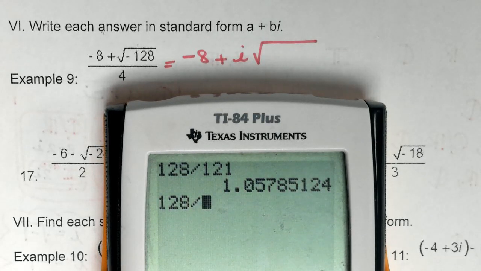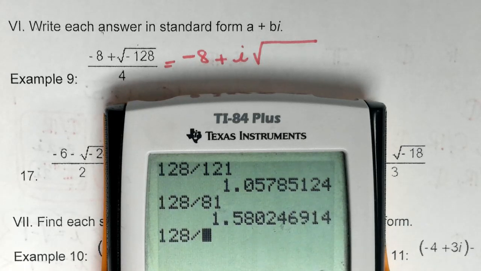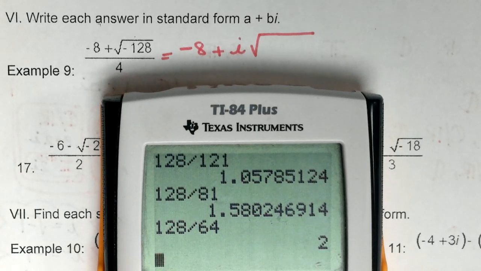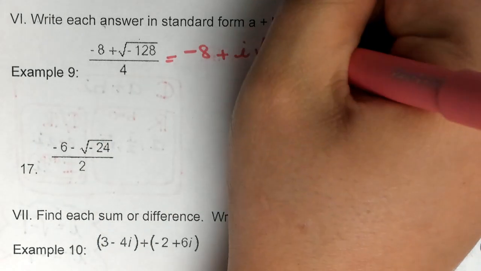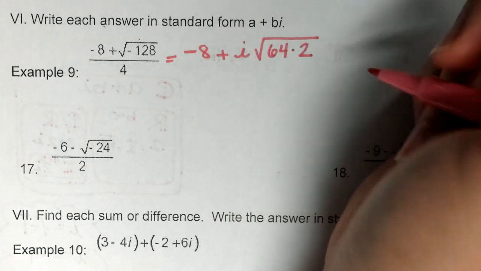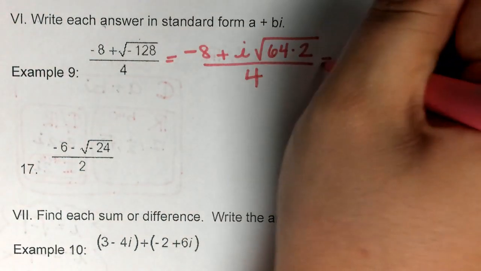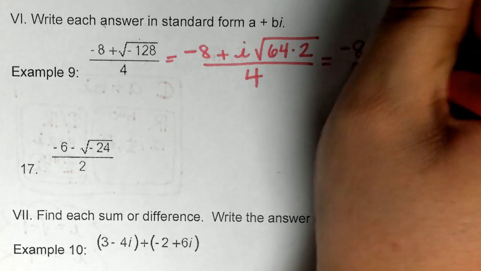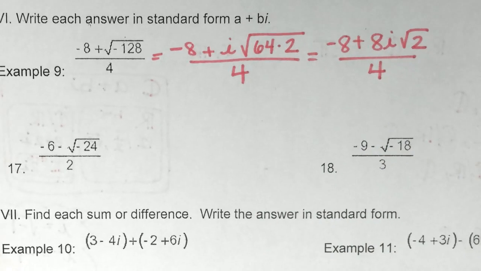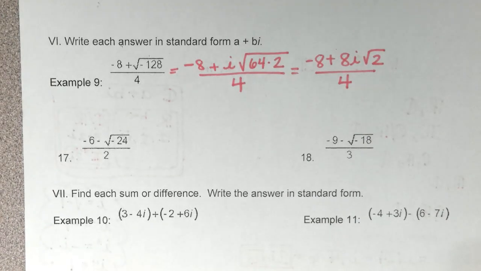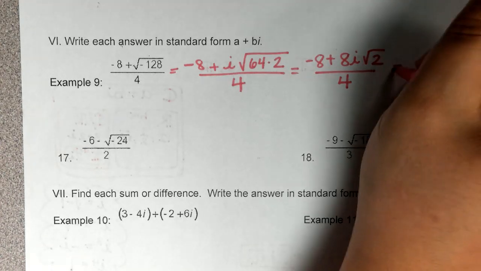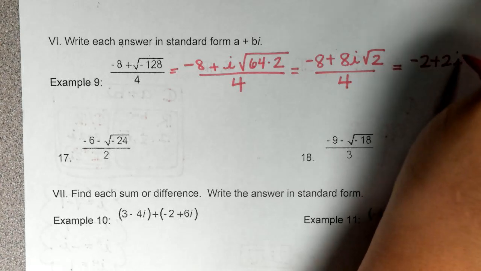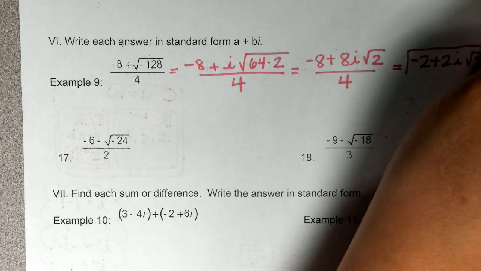It's not going to divide by 181. I'm just ignoring y'all so that I can prove my point. And it is 64. So 64 times 2. What is the square root of 64? Don't lose your i when you're doing that. And what can I do? And you just get a whole bunch of 2's as your answer.